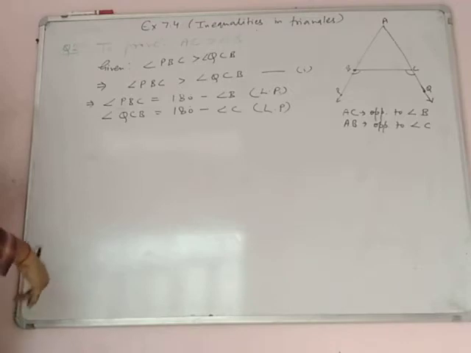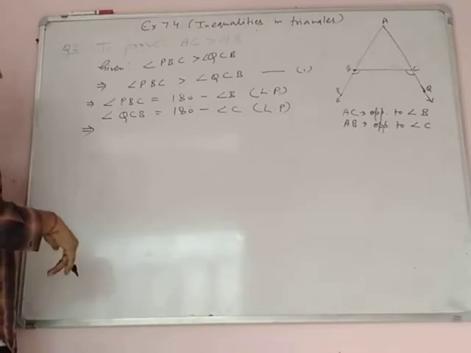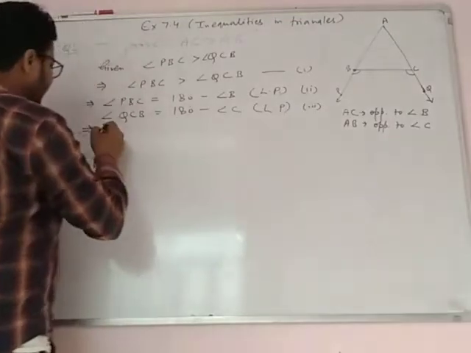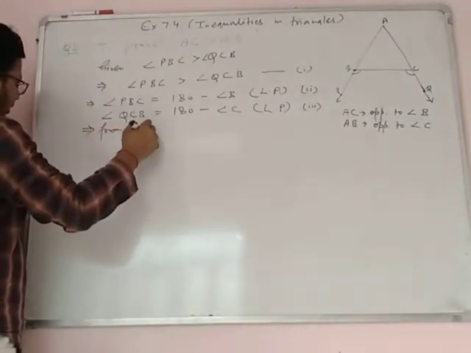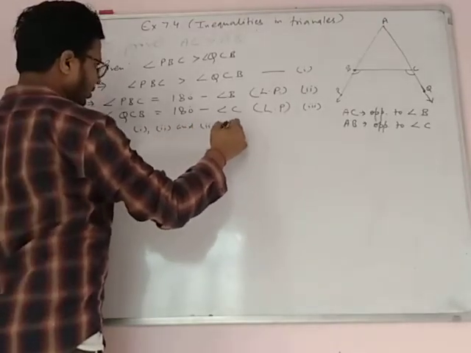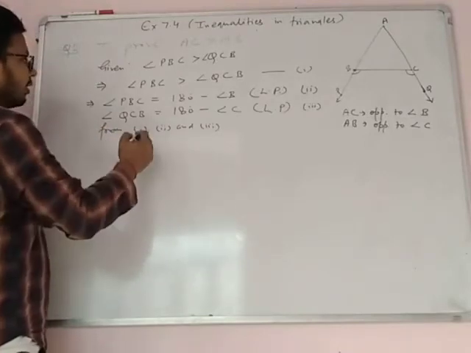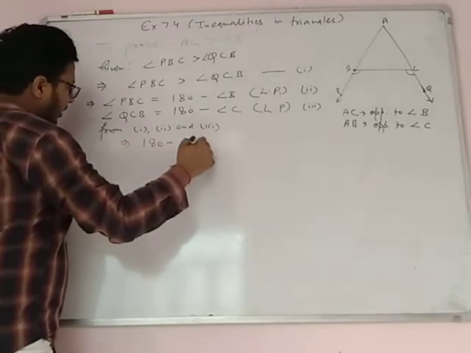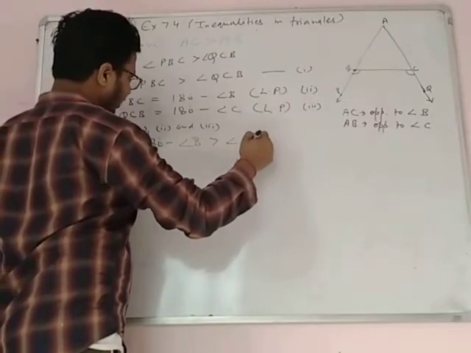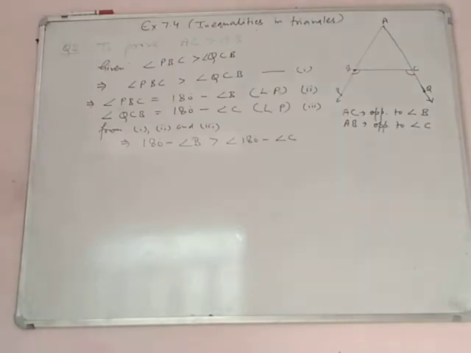And now keeping the value in the first, second, third, what we are getting, 180 degree minus angle B is greater than 180 degree minus angle C.